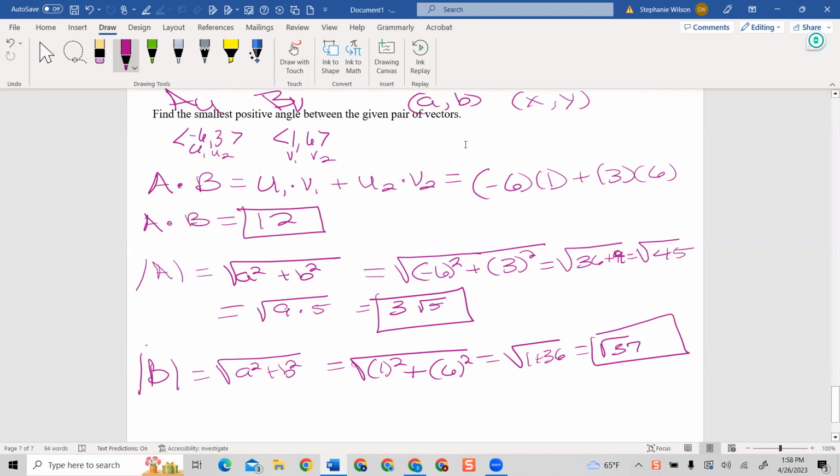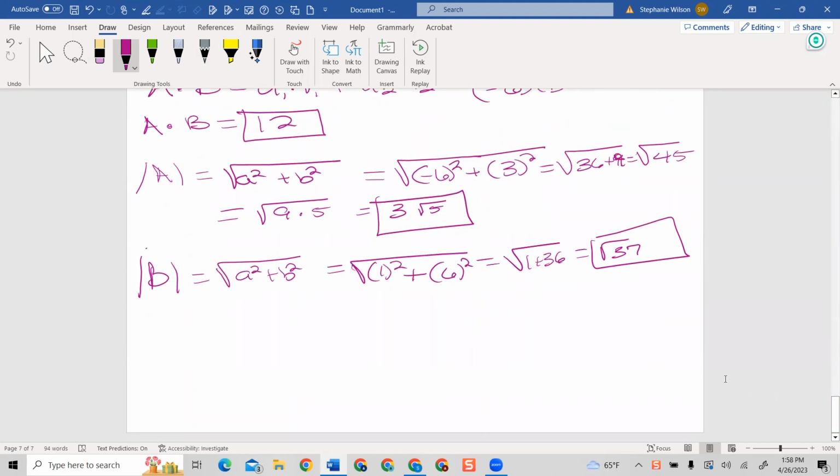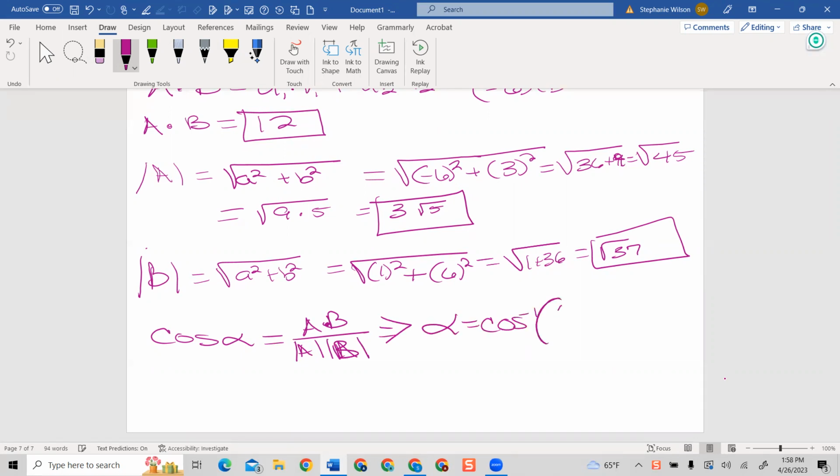Now the last thing we want to do is find the cosine of the angle: the dot product of these two vectors divided by the magnitudes of the two vectors. So I'm going to rewrite it as alpha is equal to the cosine inverse of these. And let's plug in what we know. So we got 12 for the dot product. We got 3 square root of 5 times square root of 37.